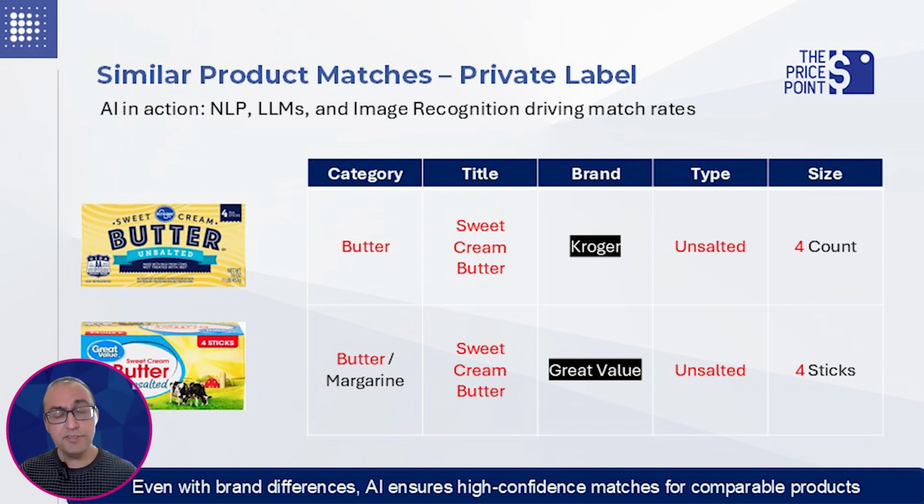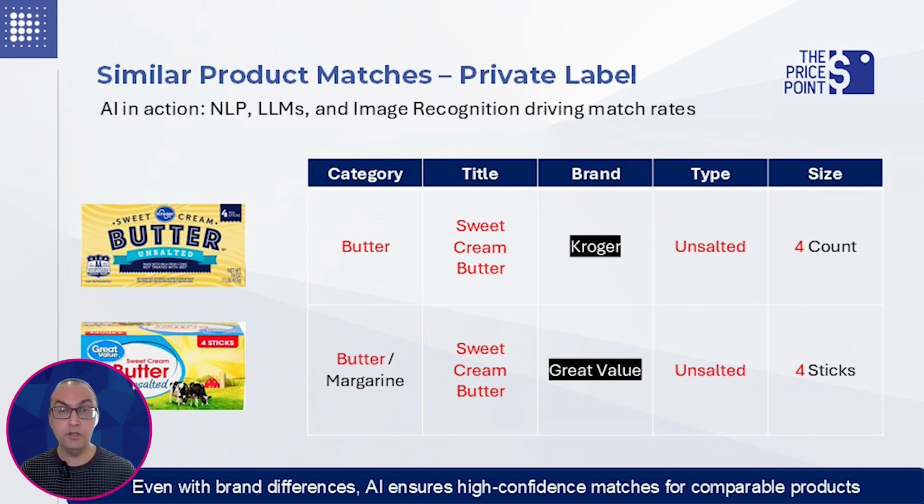Now, we can match these items with a high degree of confidence. By analyzing attributes like category, type, and size, AI bridges the gap even when the brands differ. This ensures that no insights are lost, even across private label items. The beauty of this technology is that it's vertically agnostic, so we can use this across any industry.